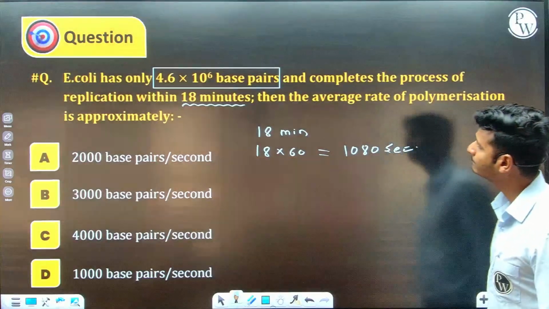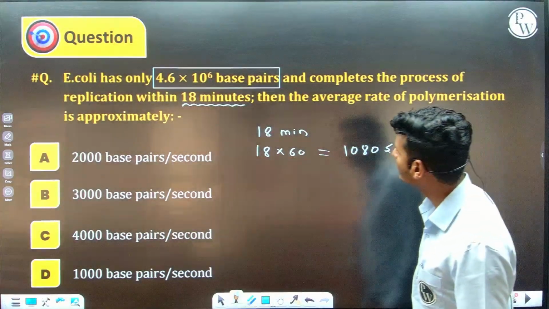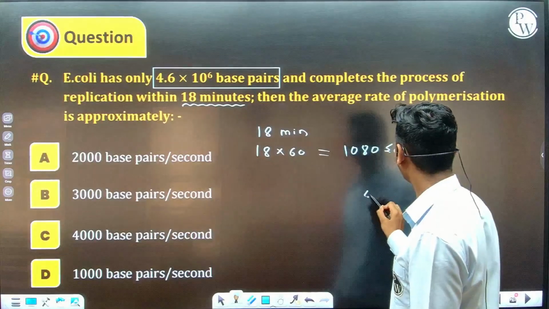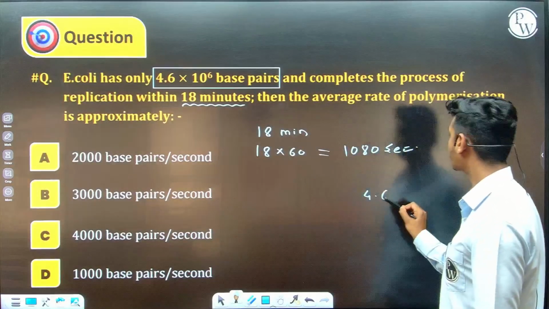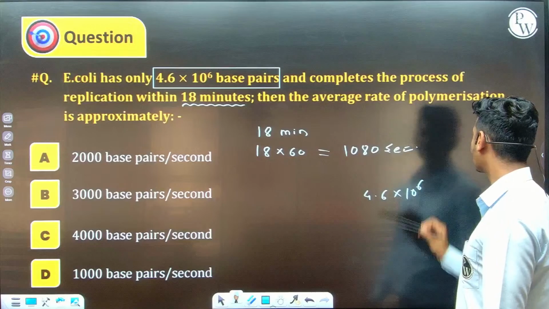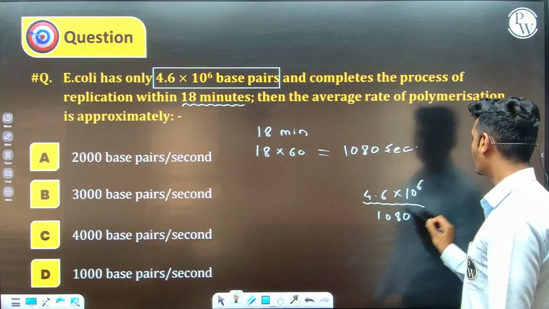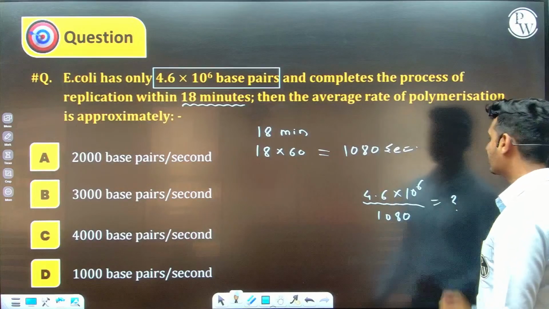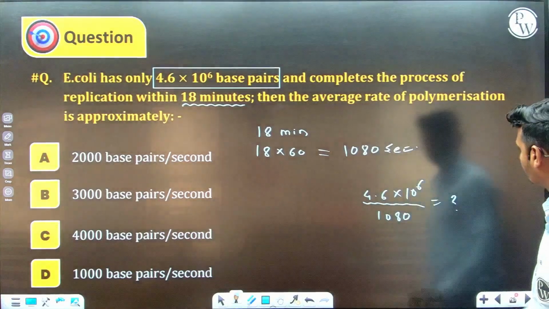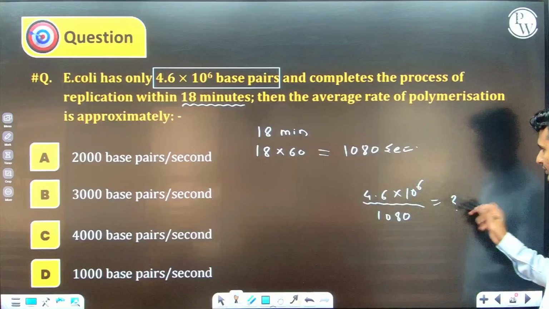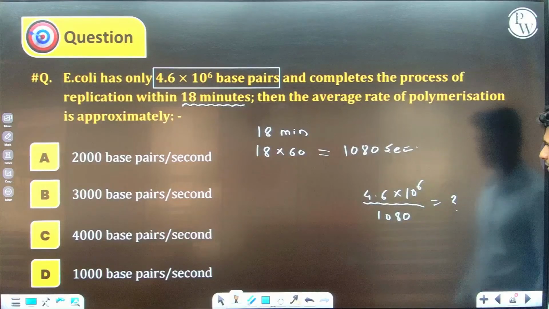And total base pairs are 4.6 × 10^6 upon 1080. The answer of this solution is our answer.